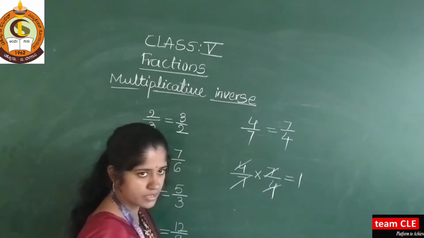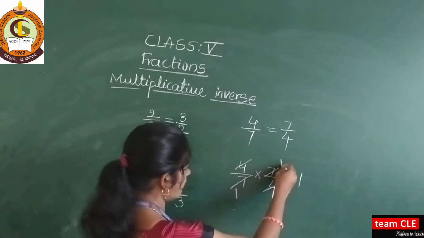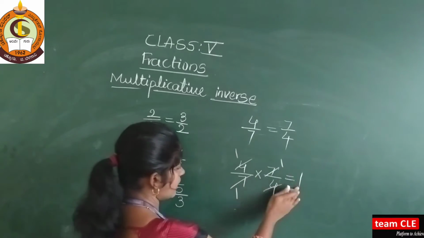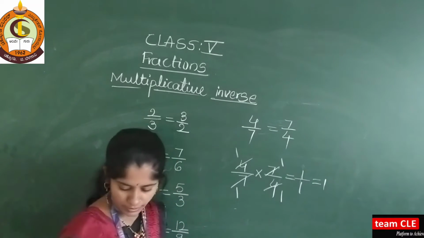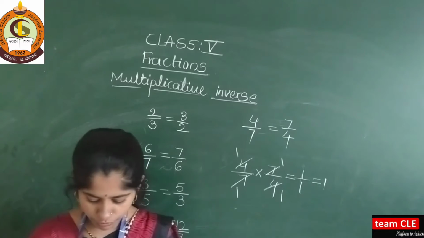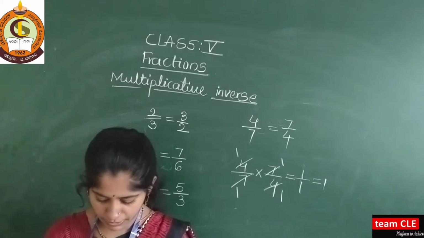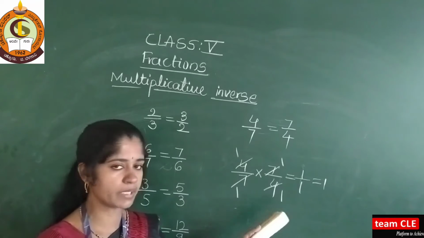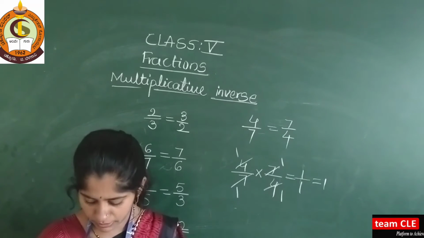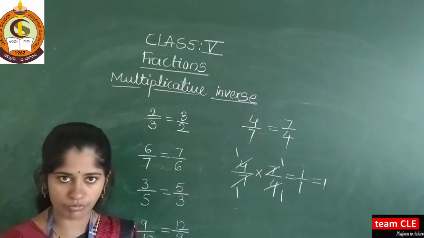So the answer is 1. Means 7 ones are 7, 4 ones are 4. So its answer is 1 by 1, and 1 by 1 is nothing but 1. When the product of two numbers is 1, each is the multiplicative inverse of the other.